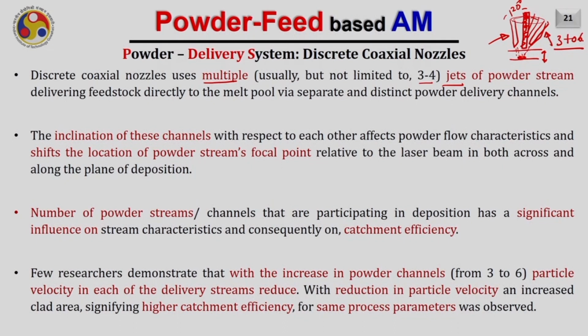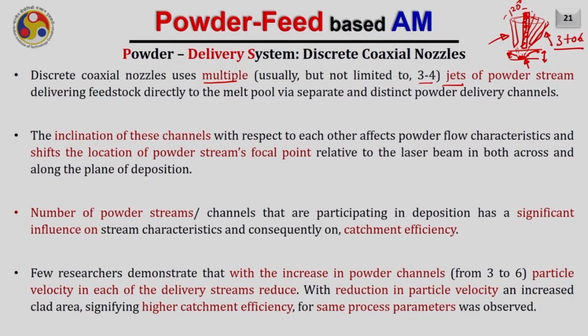Due to the reduction of the velocity at the focal point, the particles will not bounce back here and there, and they will remain in the energy, either from the laser or from the molten pool, for a longer period of time. Due to that, the catchment of powder into the molten pool will increase with the same process parameters.